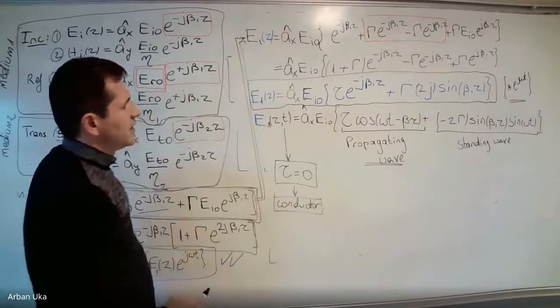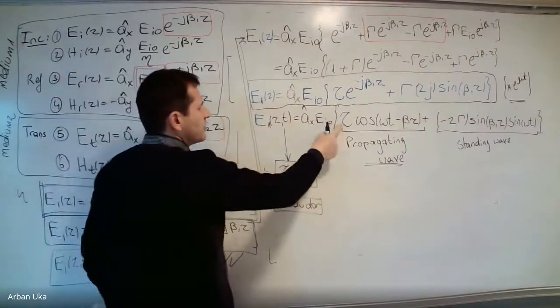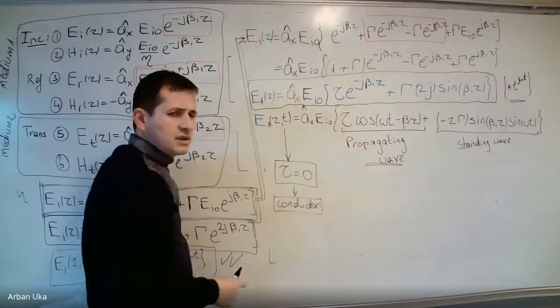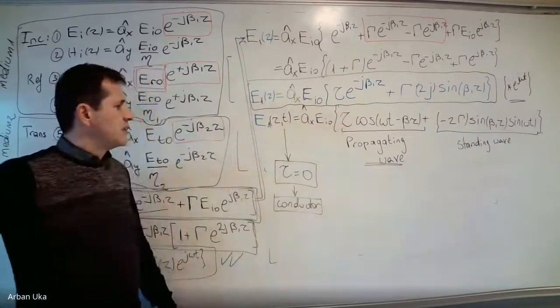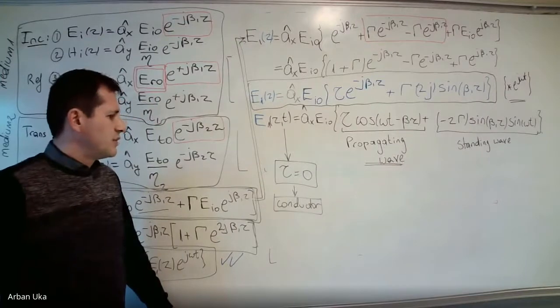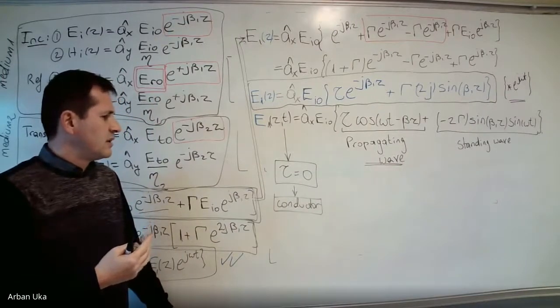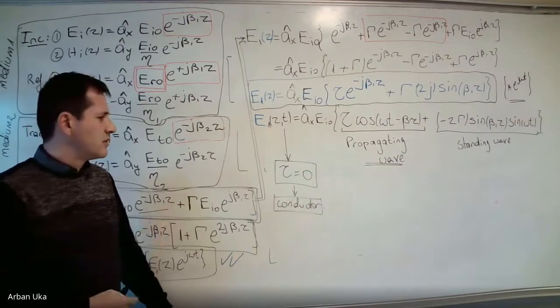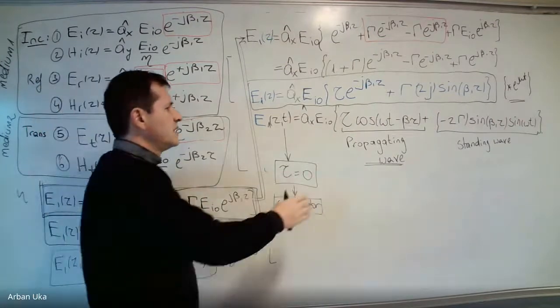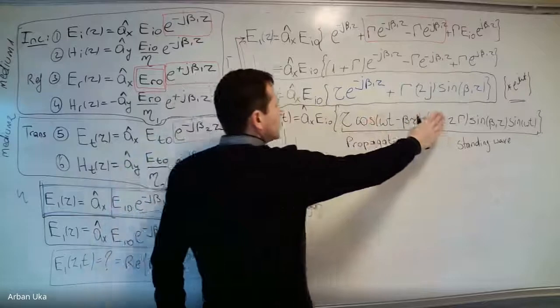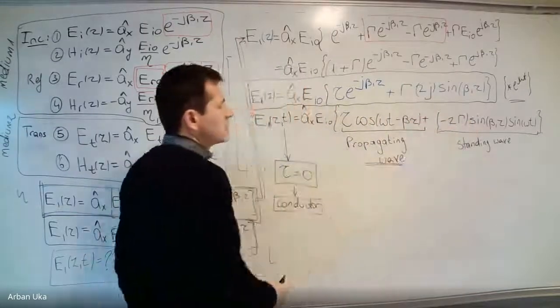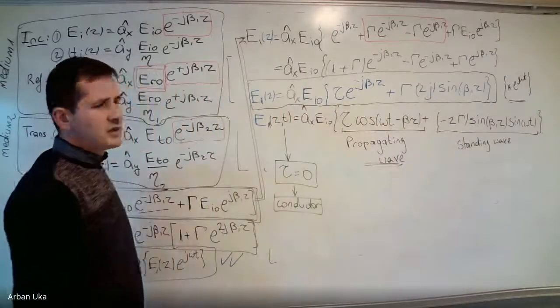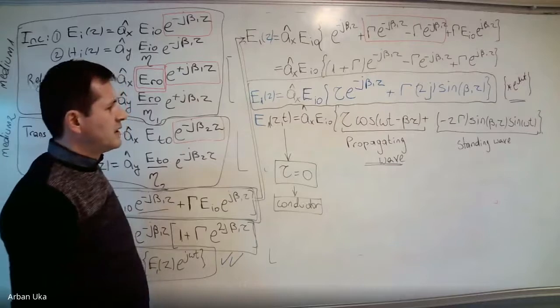I believe if we set this transmission coefficient equal to 0, which in the case of a conductor was really 0, so we have no doubt about that, because the electric field does not survive in a conductor, so it will converge to 0. So if we take this propagating term out, we get an expression which is exactly the same as the case of a conductor.